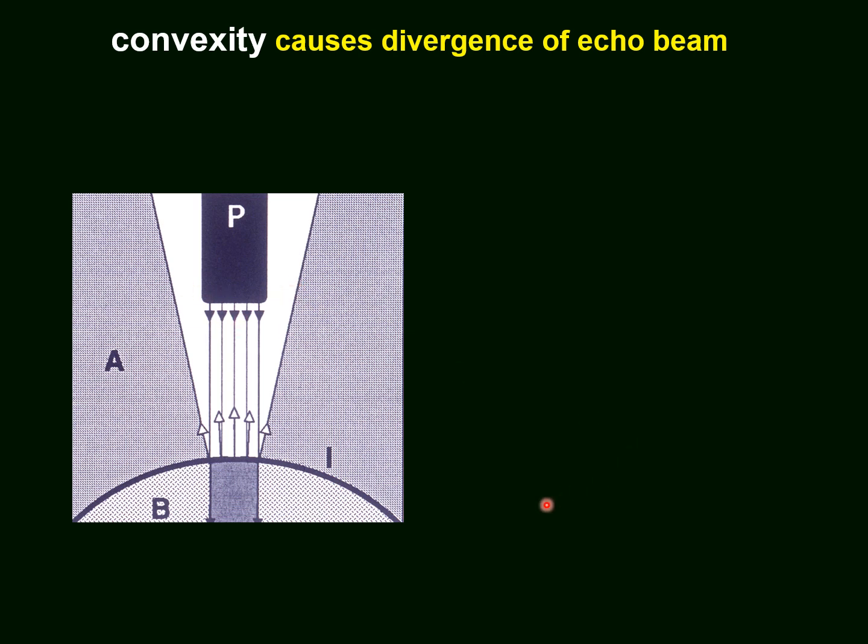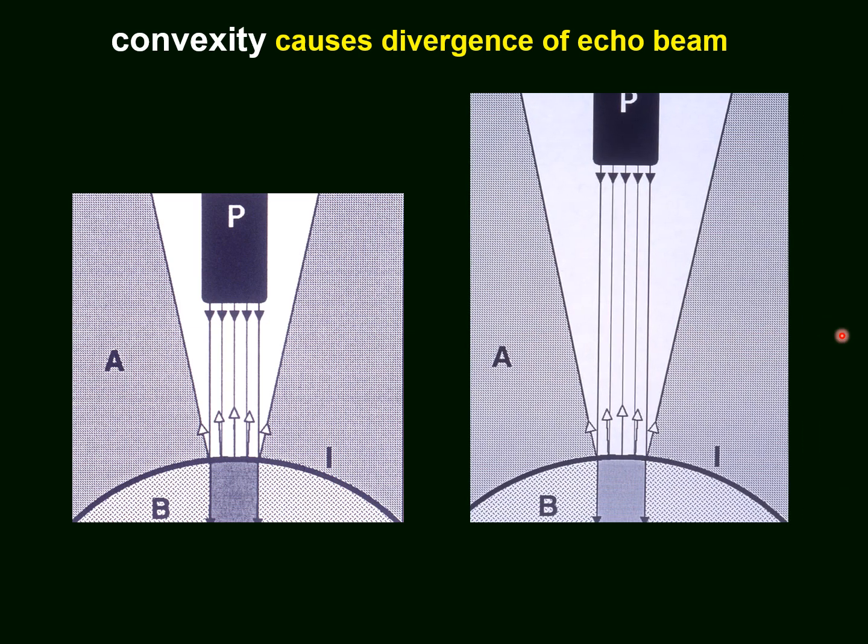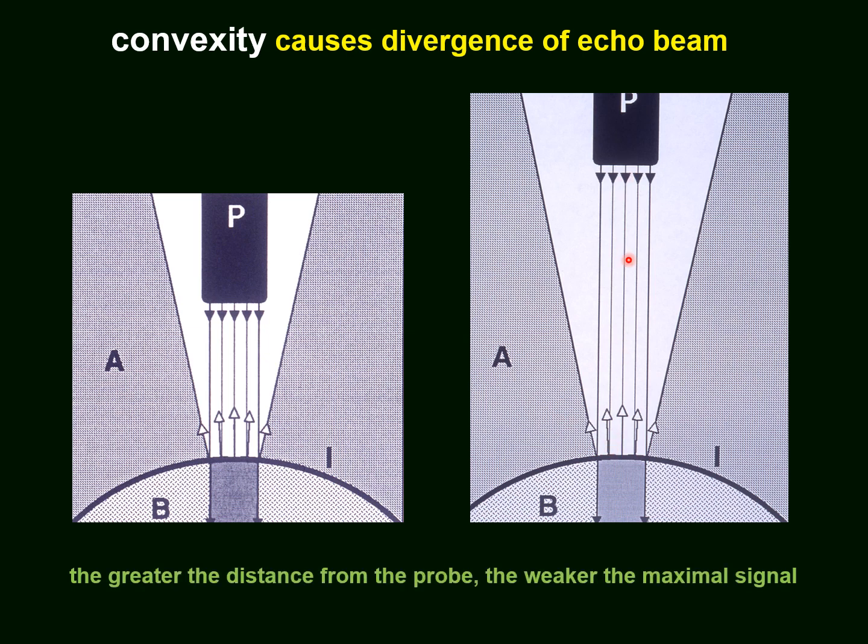The echo would be weaker than from a plane interface of the same reflectivity. And when the distance between probe and interface increases, even though there is no sound absorption in this medium, the maximum echo will get weaker.